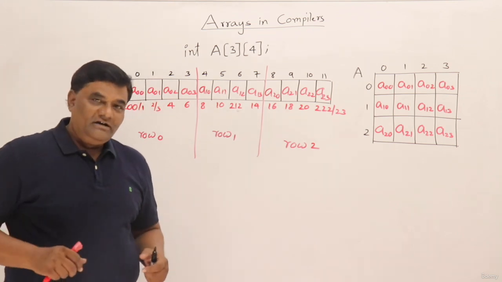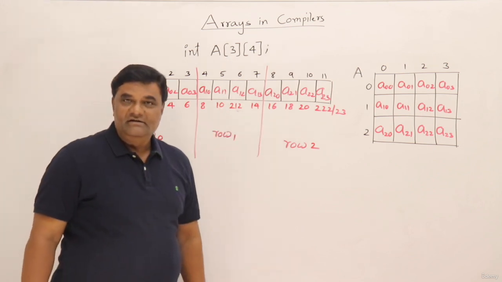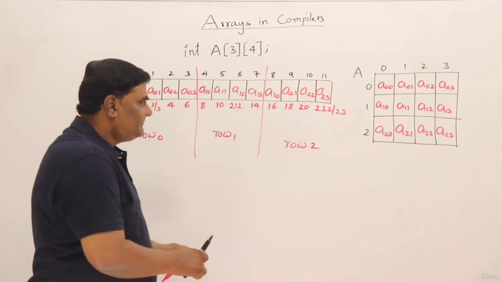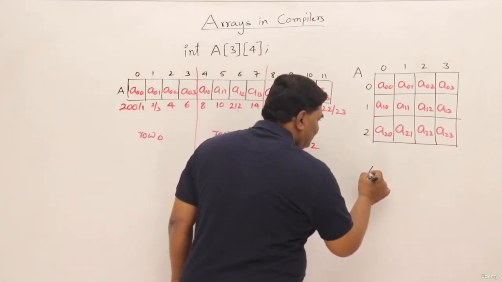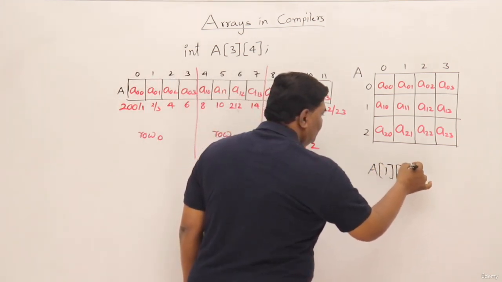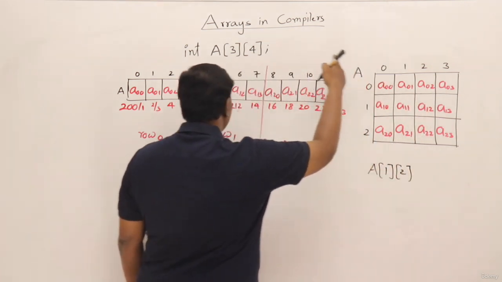Now we need a formula that should be used by a compiler for accessing that two-dimensional array. Let us take one example and frame a formula. Suppose I want to access an element at index A of 1, 2. This is the element. A of 1, 2 is present here.